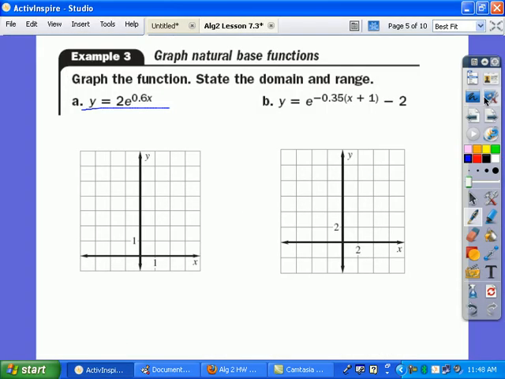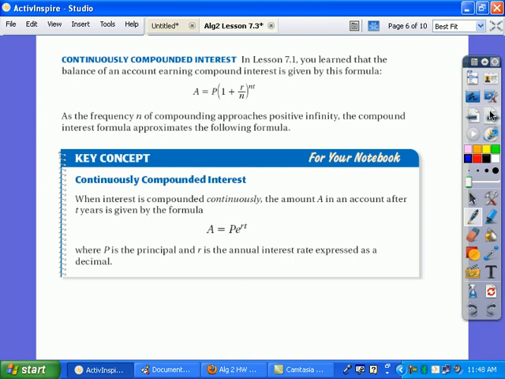But I will probably show you an applied problem or two where I want to do something that's continuously compounded. So if I tell you whatever's occurring is being compounded continuously, then this is the formula that you're going to need.